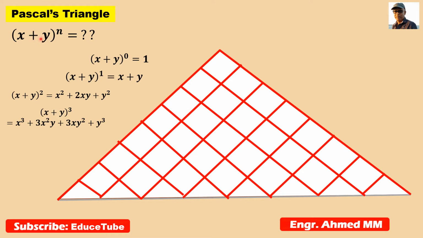Expanding this x plus y to the power n for integer values of n from 0 to 3, we get this expression. And these types of expressions are frequently necessary.